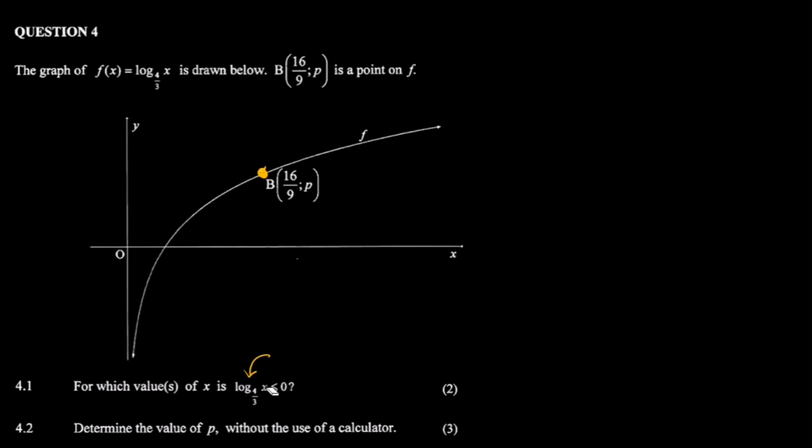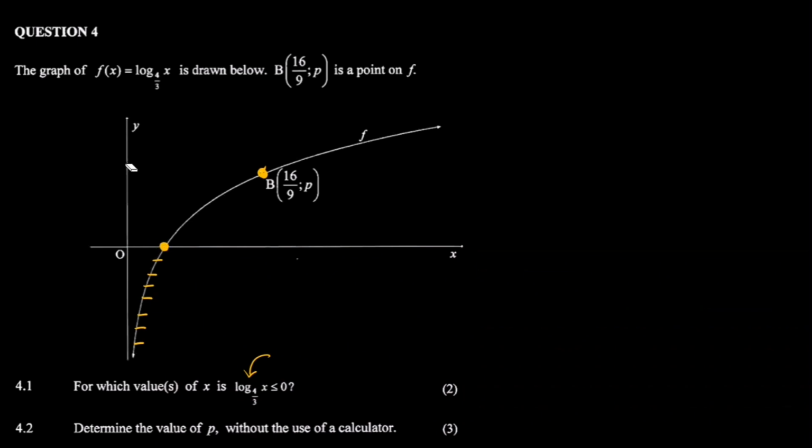We know that this log graph is equal to 0 at this point, and anything below this point is negative. So essentially we're looking for the x values from this point until this point, because that's where it's negative, and at this point it is indeed 0.